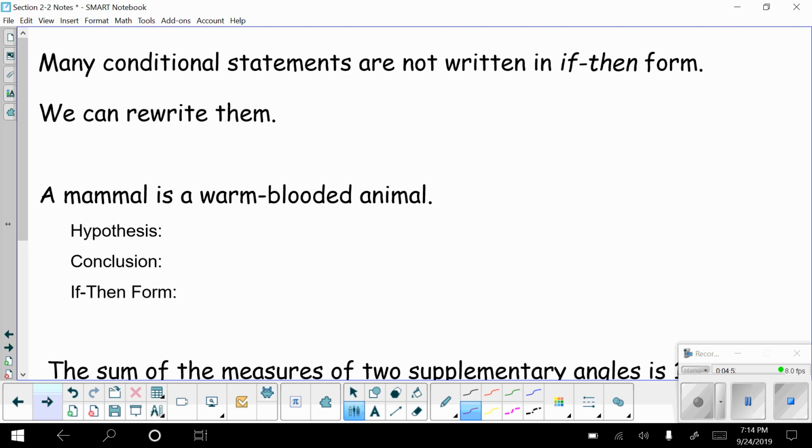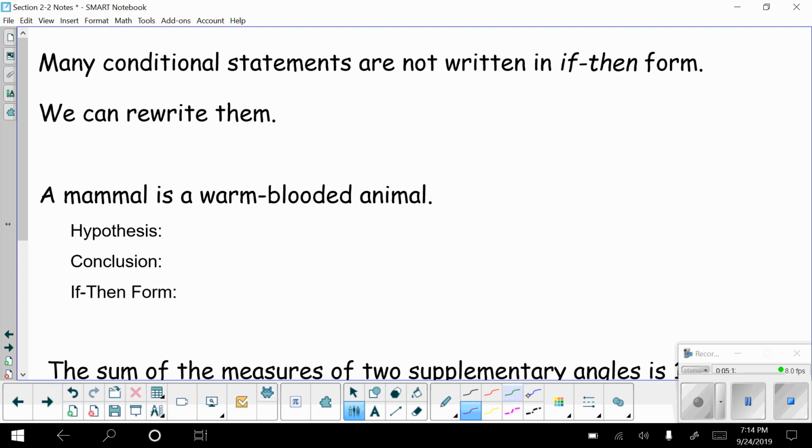One thing to watch out for, I already mentioned at the beginning of the video, is that conditional statements are not normally in real life written in if-then form. They're usually hidden in this way. So, for example, a mammal is a warm-blooded animal is an example of a conditional statement. It's just not written in if-then form.